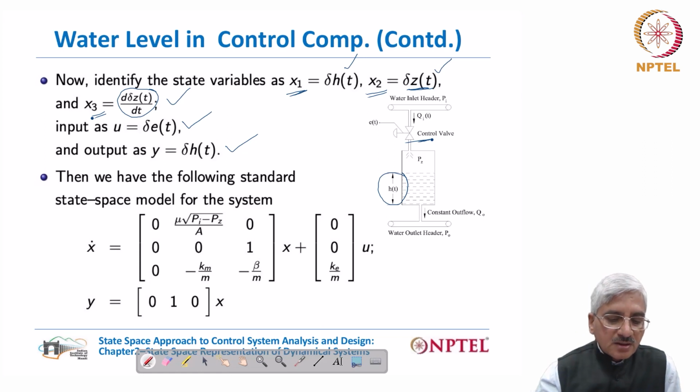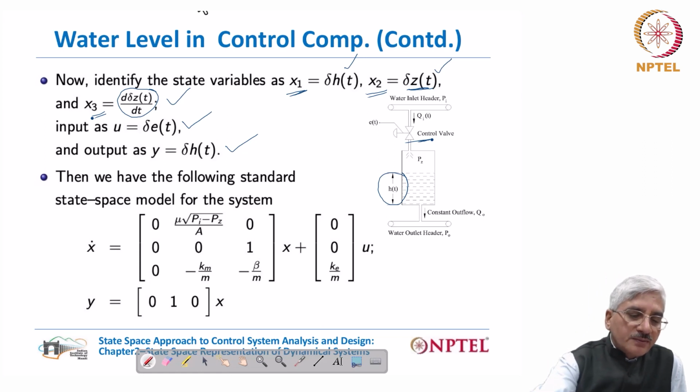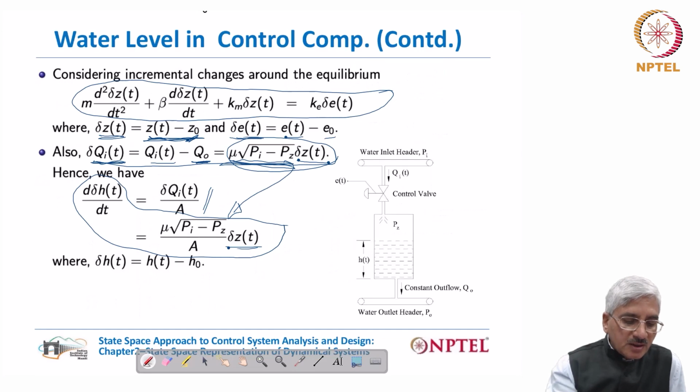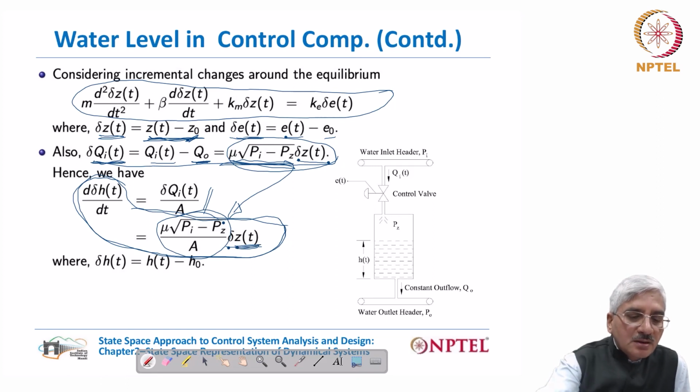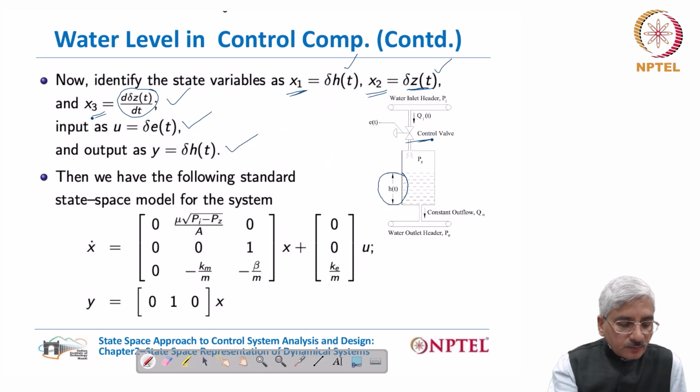So with these we see, as we have seen on the previous page, this rate of change of liquid level is this coefficient times the delta Z. So that means the first state changes depending upon the second state.